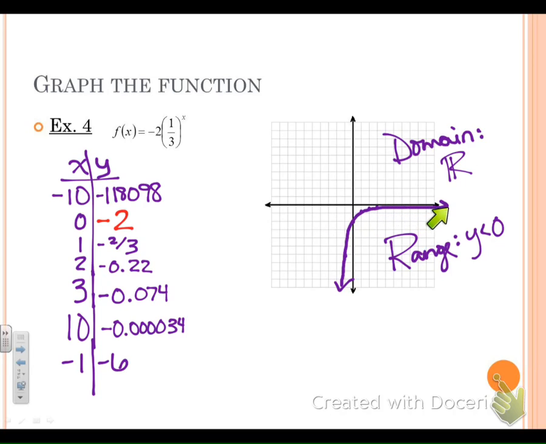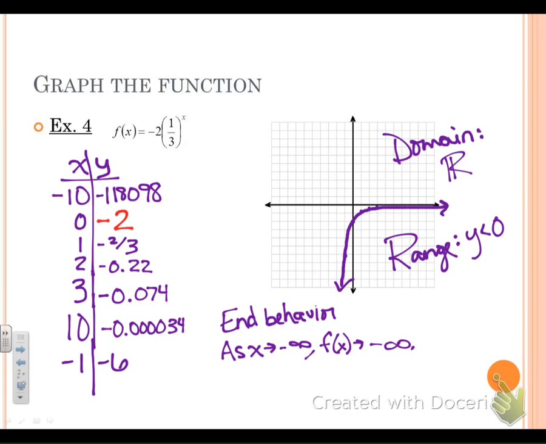We just have the right arrow going to it. So if I was going to talk about end behavior, as x goes to negative infinity, the left arrow is also going negative infinity. But the right arrow is not going up or down, it's sloping off. So as we go to the right, the outputs are approaching 0.